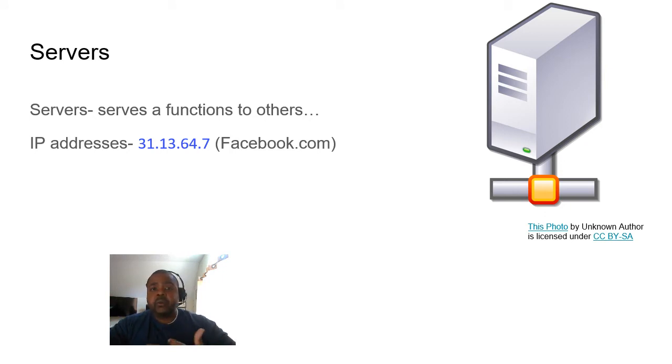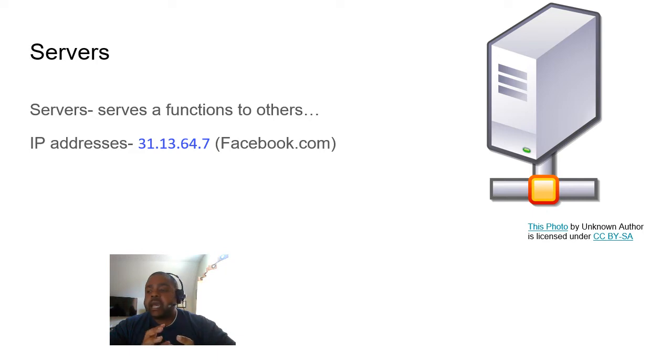That is a way for other PCs to send traffic over the internet to a particular server, a particular PC, a phone, a tablet, anything. So this is how you get your identity on the internet.